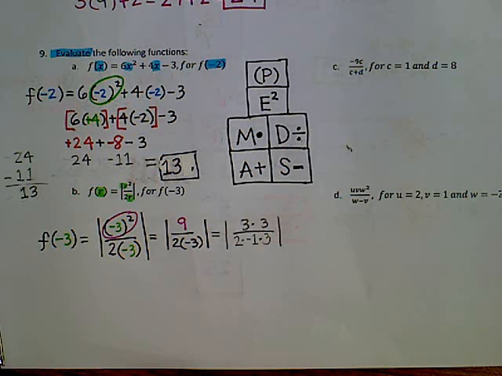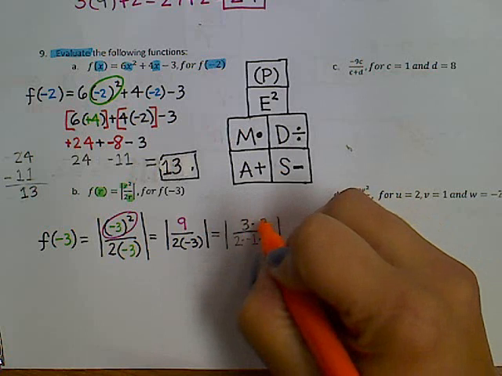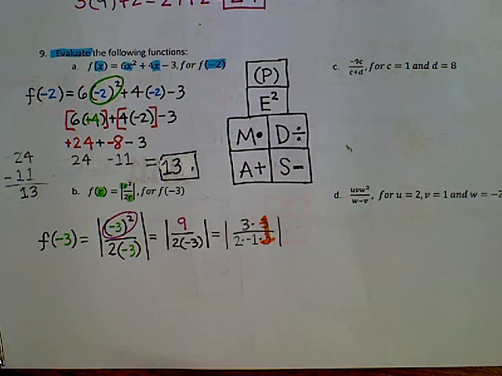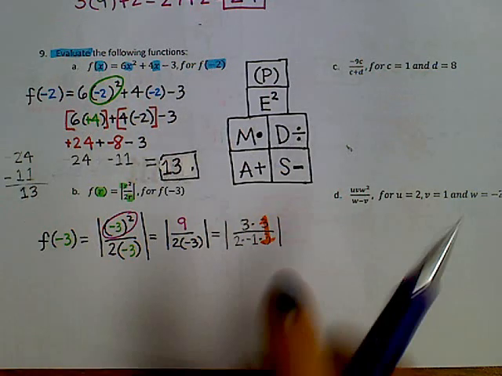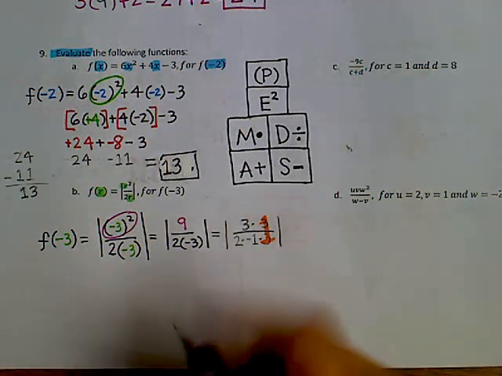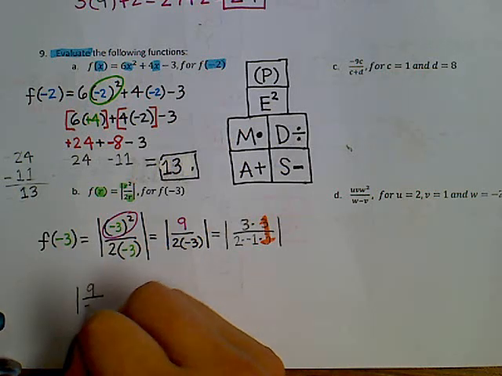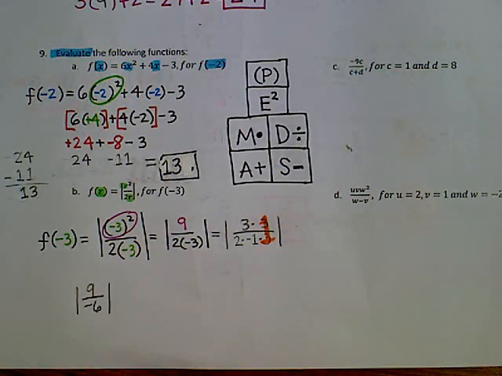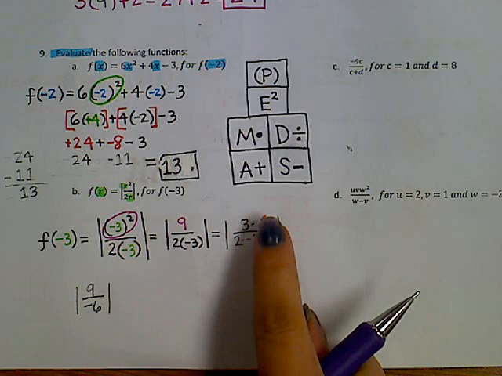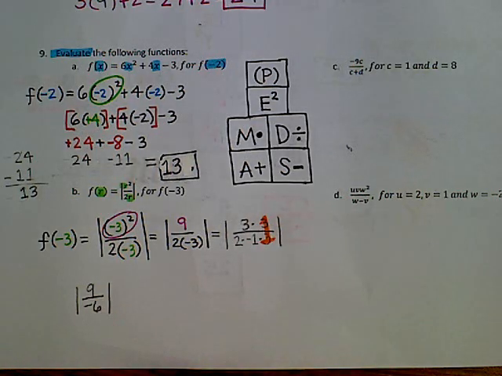And, well, 3 over 3 would reduce to 1. Now, did I have to factor this out? No. I could have simply said that I have 9 over negative 6. Now, this can be reduced, though, because both of these have 3 in common.